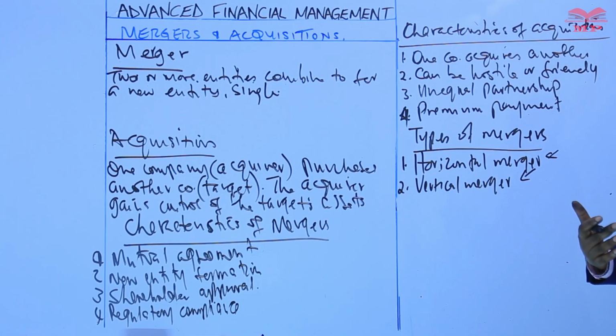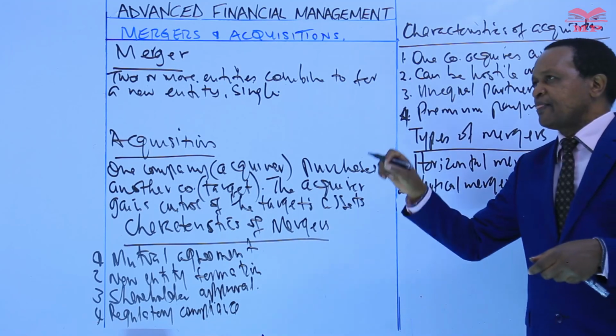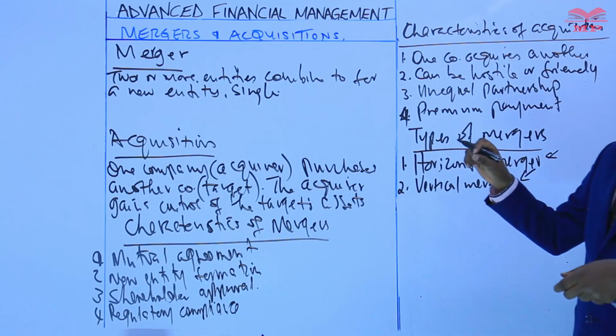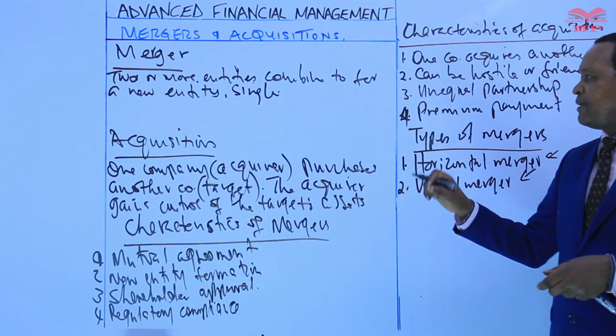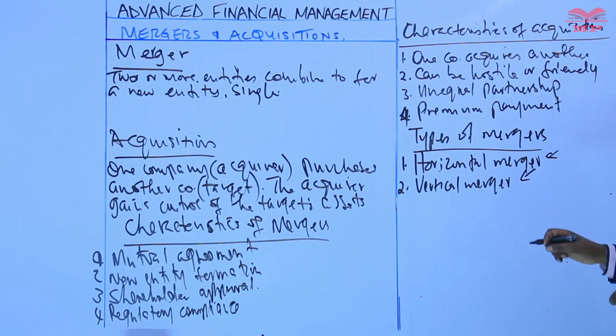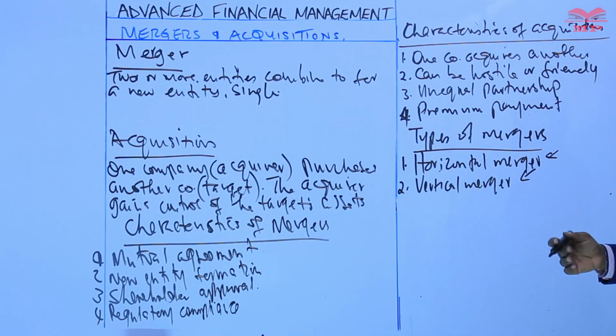An example of a vertical merger is a car manufacturer merging with a tire manufacturer, or a retailer merging with a manufacturer. Do you understand? Companies in different stages of the supply chain merging, that is a vertical merger.